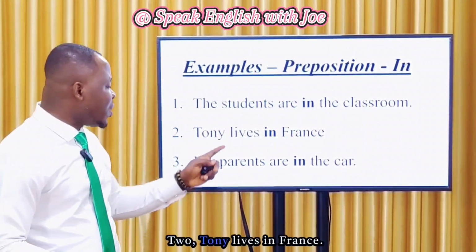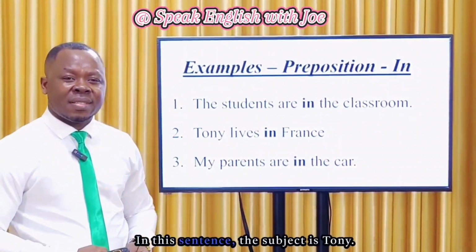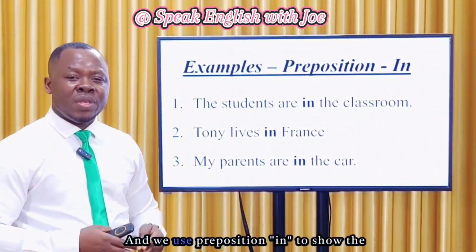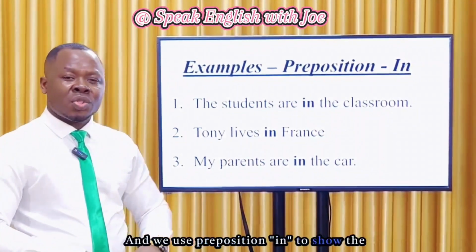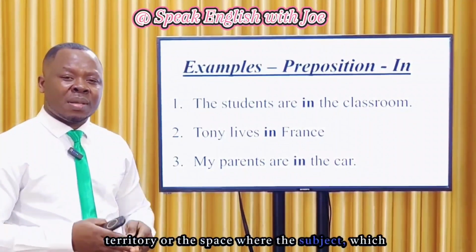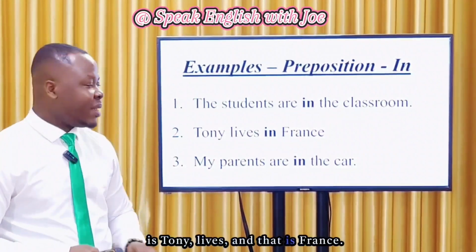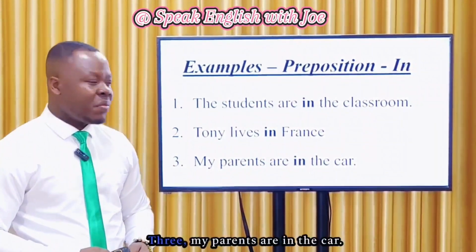2. Tony lives in France. In this sentence, the subject is Tony, and we use preposition in to show the territory or the space where the subject, which is Tony, lives, and that is France. 3.